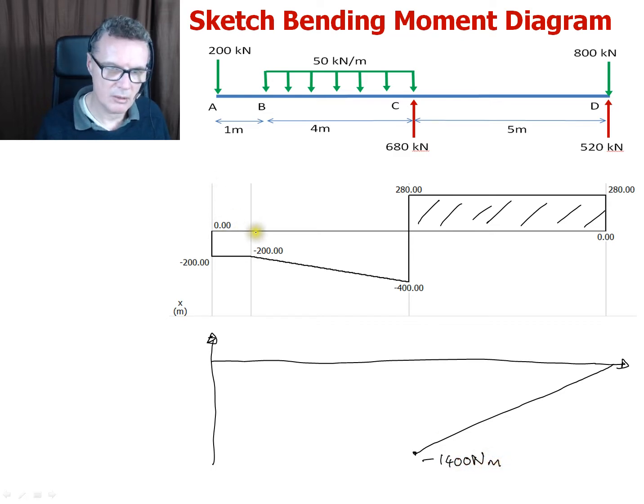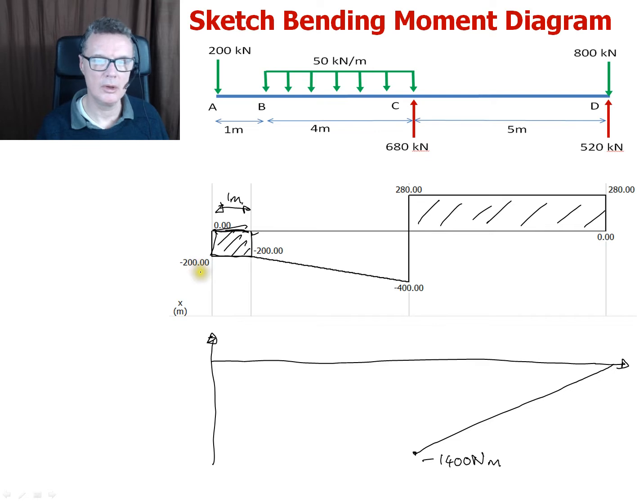This area here, what's that? That's another square. So it's got a width of 1, and it's got 200 there.